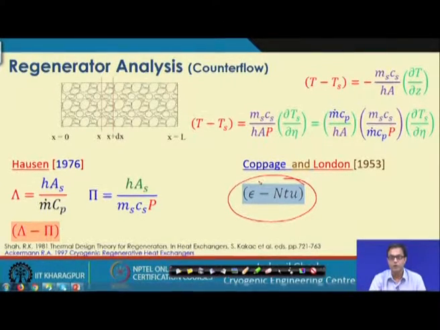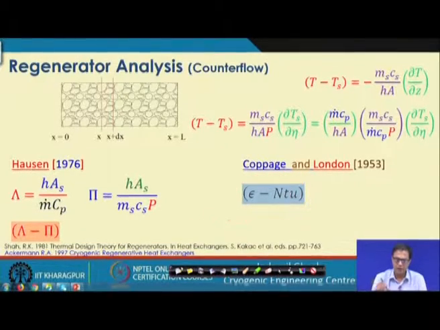We will look into the details of the definitions of epsilon and NTU, and since we are a bit familiar with this terminology, we will go into the analysis by epsilon NTU, and later simulate and design the fixed bed counter flow type regenerator by taking this approach.